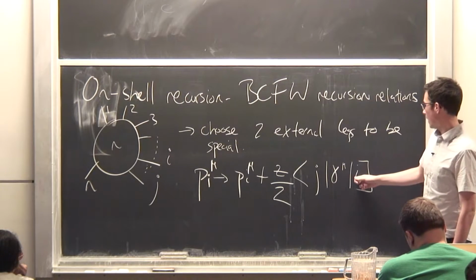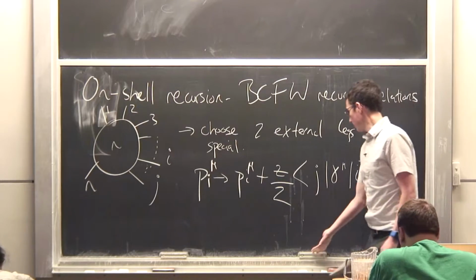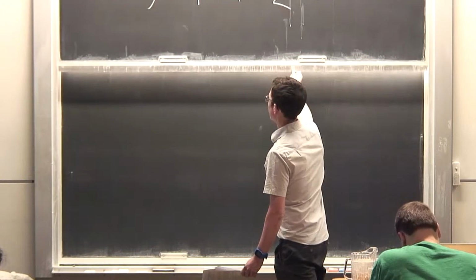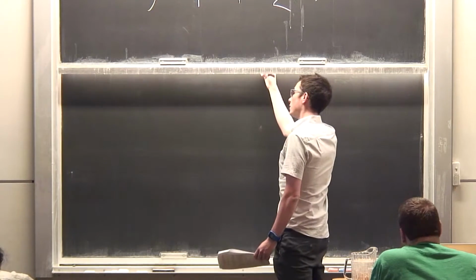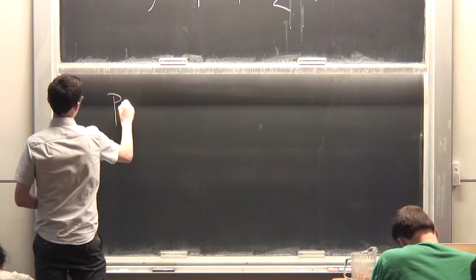It's made out of the square bracket of i and the angle bracket of j. And then p_j we're going to also shift.